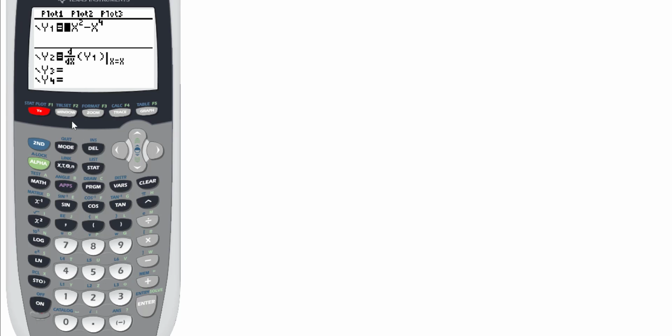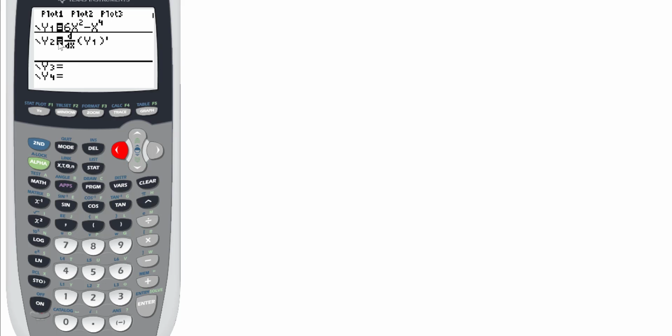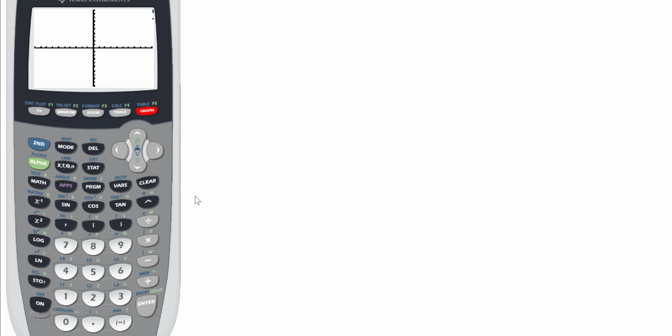This is a nice little thing. If I hit y equals, I can turn it off by cursoring over the equal sign and hitting enter, and it's no longer highlighted. So if I hit graph, it's only going to graph the function that's highlighted. It's a handy little feature. You can turn things on and off so things are not cluttered. But again, when you have a color calculator, it's a little bit clearer.